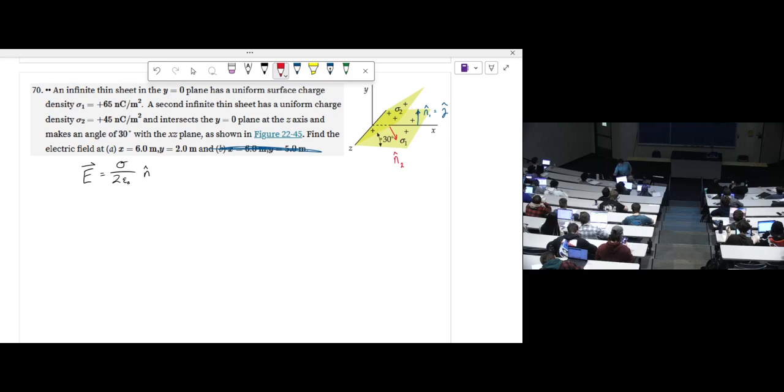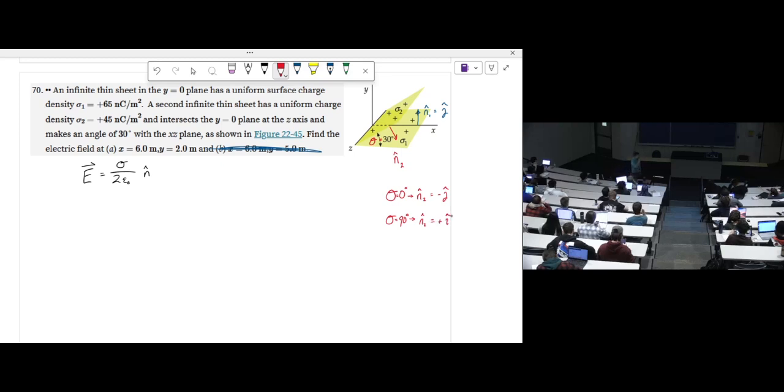Let's consider the case where theta is 0 degrees. Well, in that case, n2 hat would just be pointed in the minus j direction, right? But then, that's if theta equals 0 degrees. And then if theta goes to 90 degrees, then in what direction is n2 hat? The positive x direction.